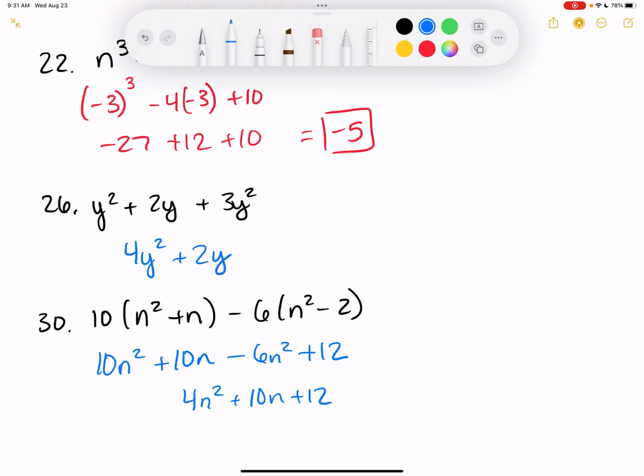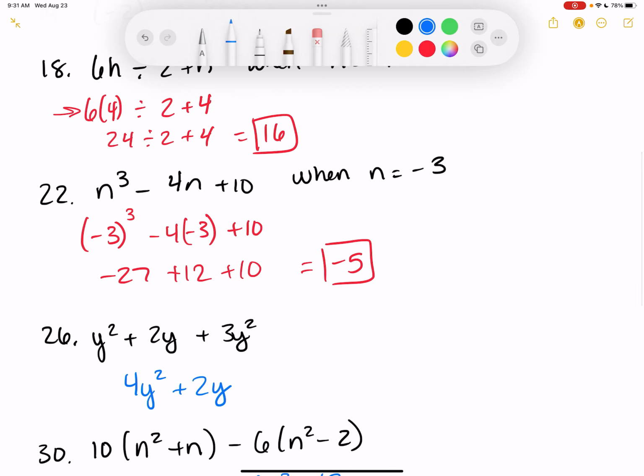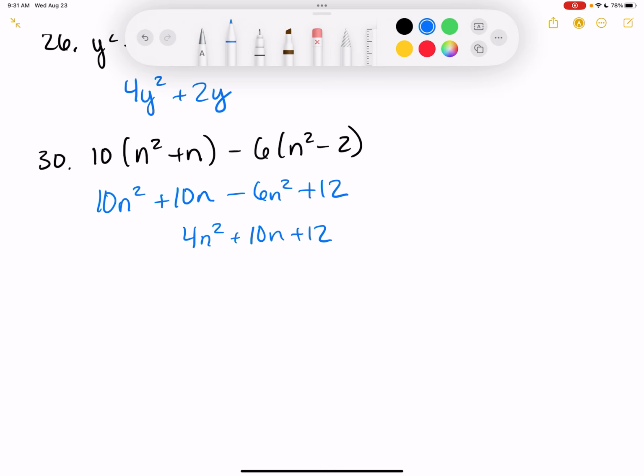All right, the next one says to evaluate the expression for the given values of x and y. So now instead of it just giving us one thing to plug in, it's giving us 2 things to plug in. So we've got in parentheses 3x squared, so that the whole thing is being squared, minus y cubed.